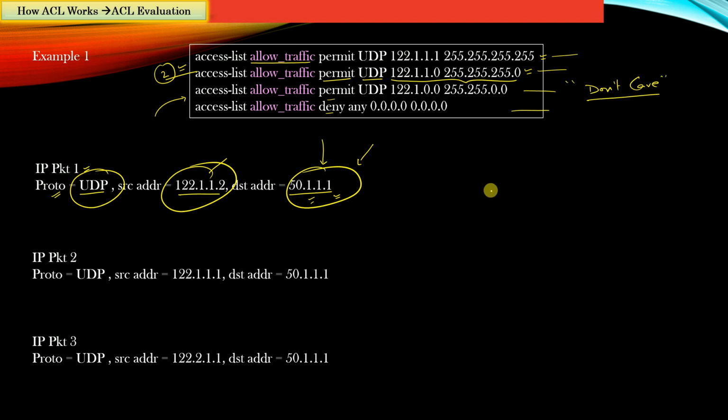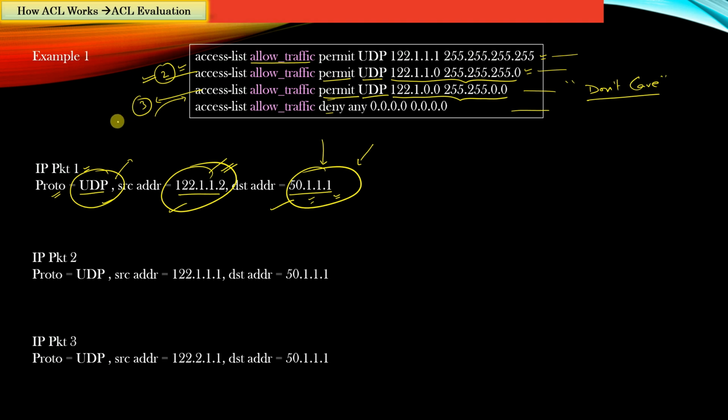Now if you notice, when these 3 parameters of the packet are evaluated against ACL rule number 3, you will see that even ACL rule number 3 says that the packet is permitted, because the source address of the packet also belongs to this subnet mask, and the protocol field value of the packet matches the protocol field value specified in ACL rule number 3.